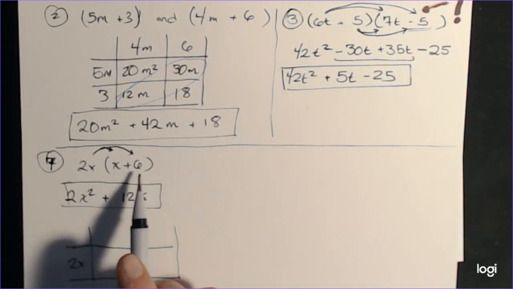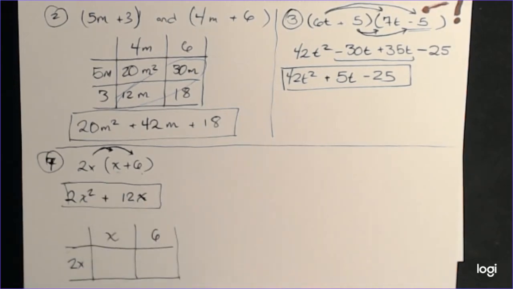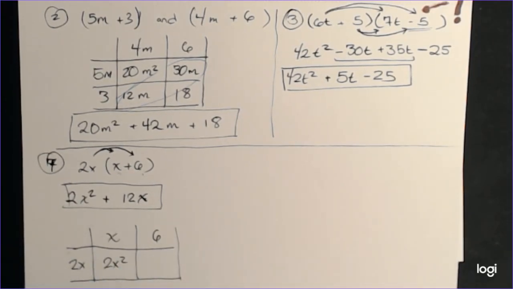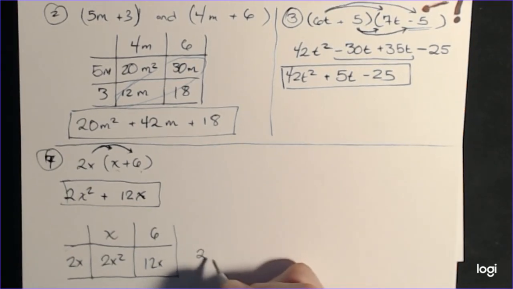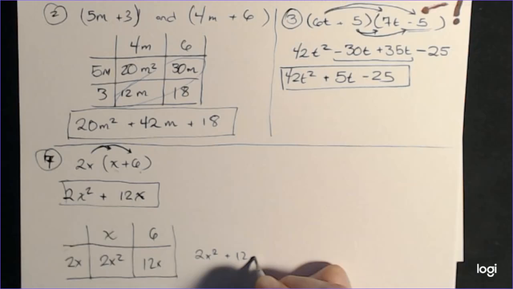And then we have this binomial up here, so we take the first term, write it here, the second term, write it here. This box, we multiply these together. 2x times x is 2x squared, and 2x times 6 is 12x. And then from here we would just rewrite it outside of the table as 2x squared plus 12x.